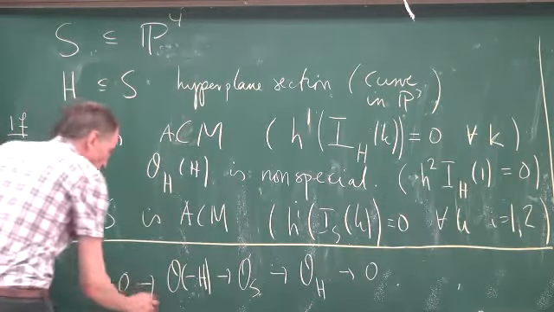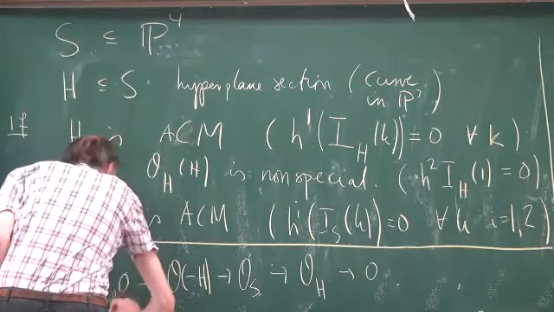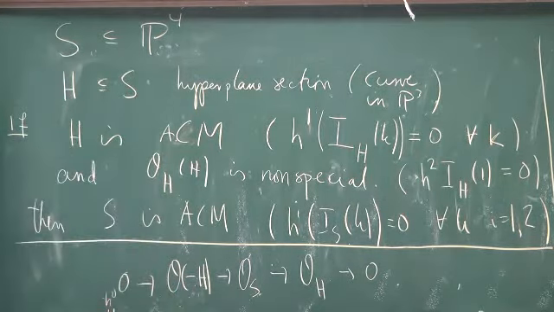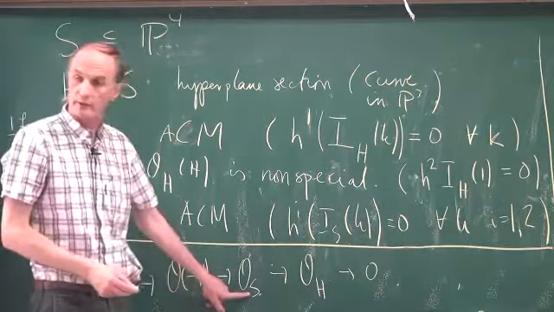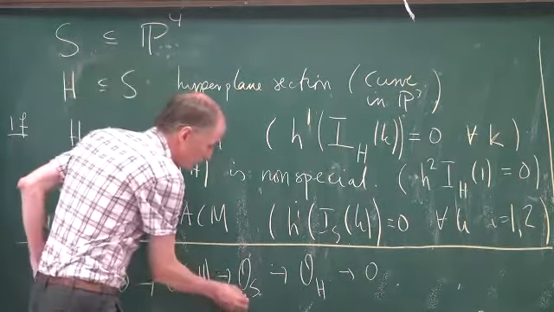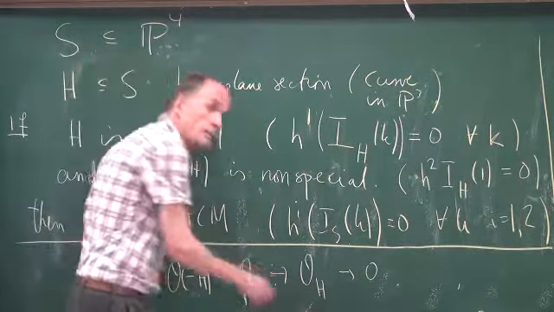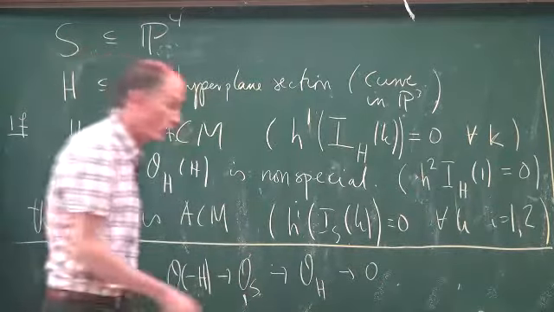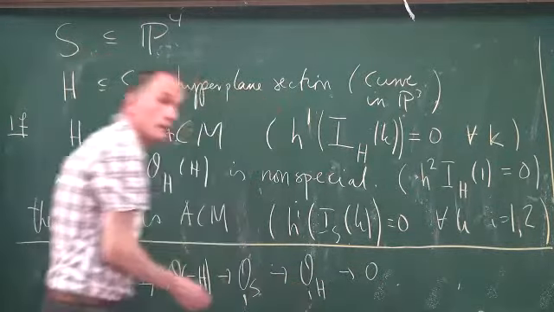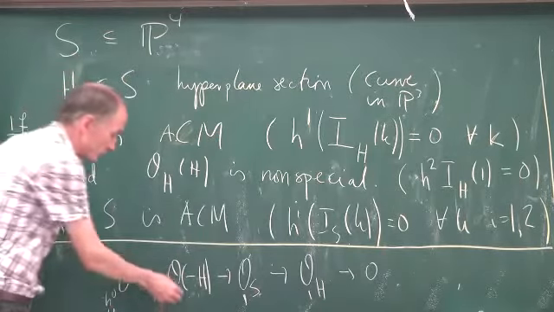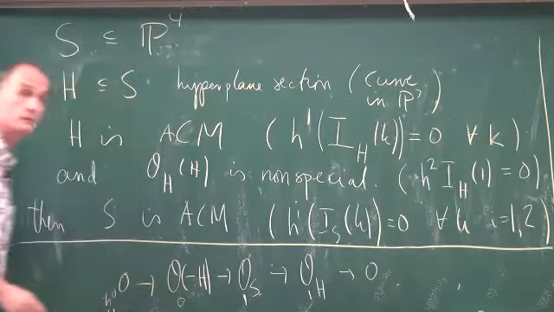And if you look at the cohomology here, well, S is a connected surface, so you have a 1 there. The hyperplane section is a connected curve, you have a 1 there. And there are no global sections over here, so this is 0.